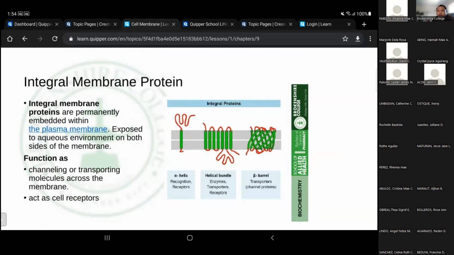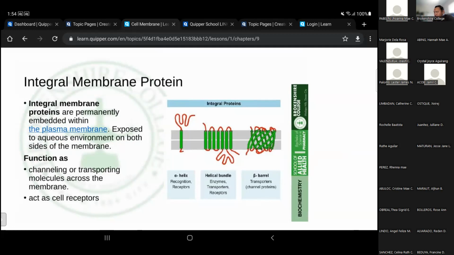Your integral proteins are strongly attached to the membrane, so they cannot be detached or separated from the plasma membrane.